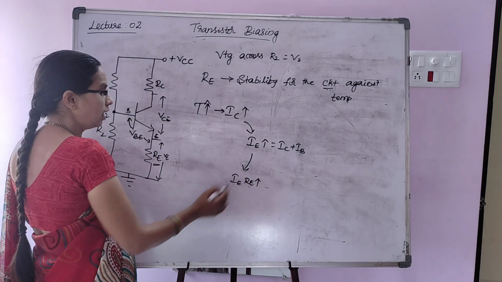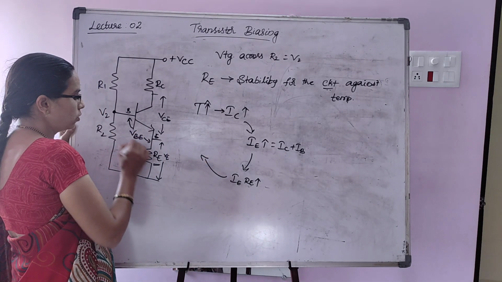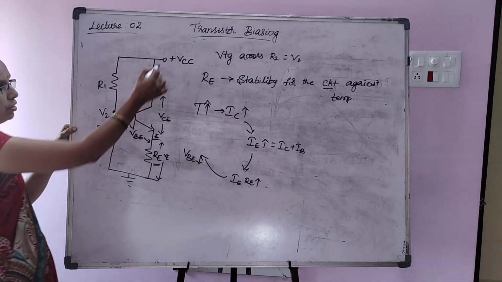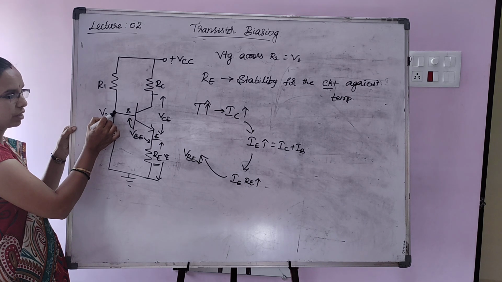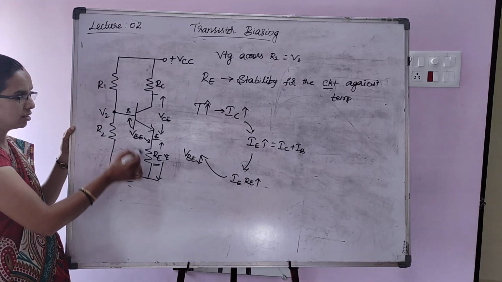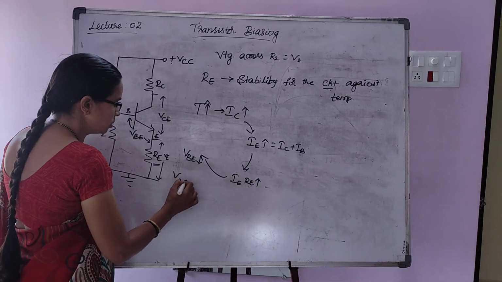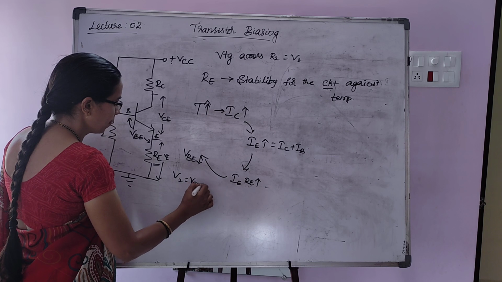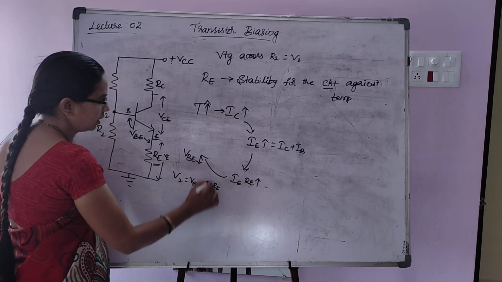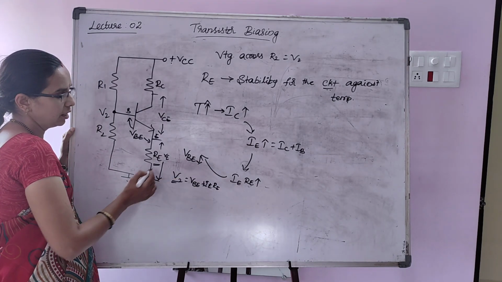Since VCC, V2, R1 and R2 are fixed, and V2 is equal to VBE plus IE RE, if IE RE increases, VBE decreases.